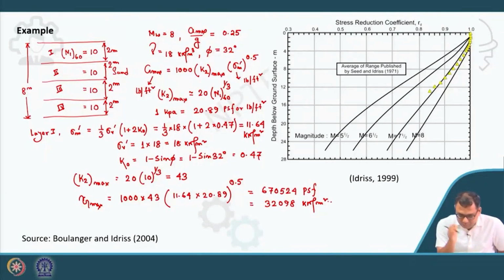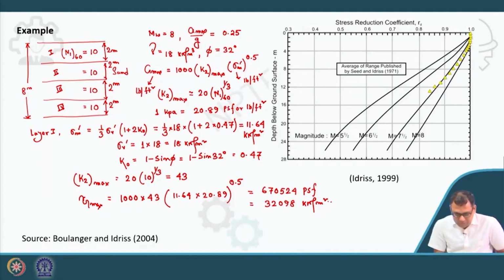So now for layer 1, I know the Gmax value. For every layer, Gmax value is changing. So Gmax value is a function of depth. Remember that, but not a function of strain. But your G value is a function of depth as well as a function of strain.